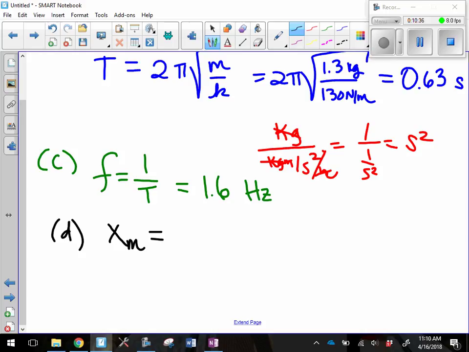The max value of what? It's the max value of x, not just from the center, but from the point of rest, the point of equilibrium. So what's the distance that this is moving from equilibrium?